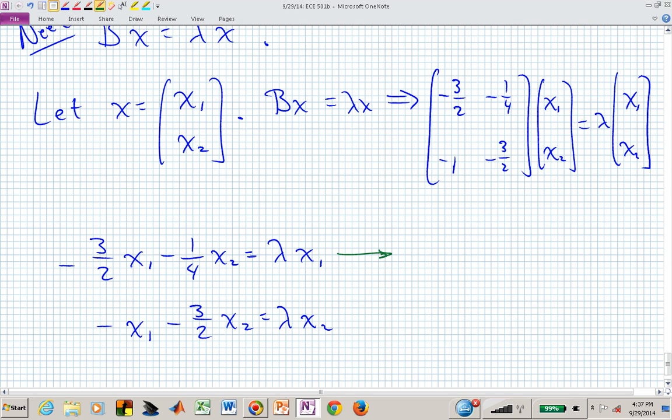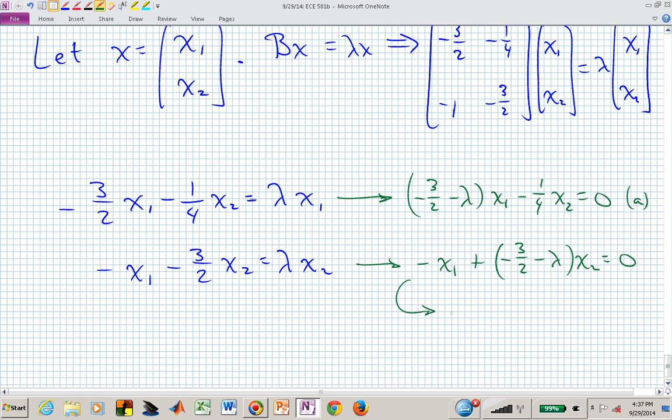From the top equation, we can combine the x1 terms, and we have minus 3 halves minus lambda times x1 minus 1/4 x sub 2 equaling 0, and maybe I'll call that equation A. In the bottom equation, we now have minus x1 plus minus 3 halves minus lambda x sub 2 equaling 0, or we can now say x sub 1 is equal to minus 3 halves minus lambda x sub 2.